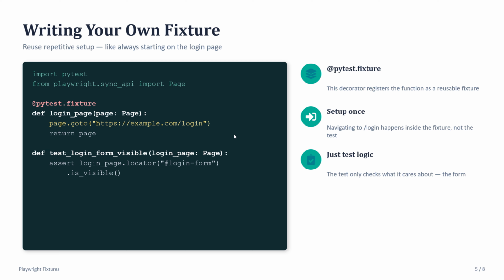Now set up once, basically, so navigating to maybe a login page inside this fixture, not the test. So basically this fixture will automatically land you on the login page and you can start from there. And then after that, you just need to write your test logic. That's it.